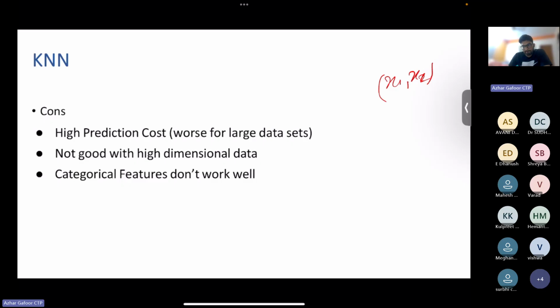The distance functions work well with numerical data. If you convert the categorical features into numerical and find the distance, mathematically we can calculate that, but in a physical sense it may not be the right approach.